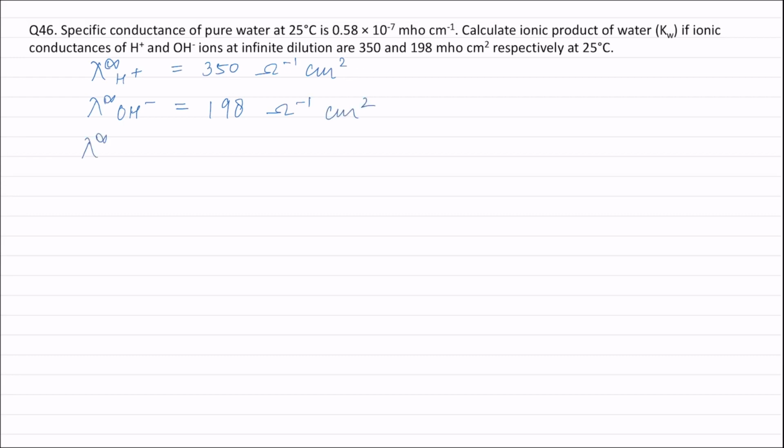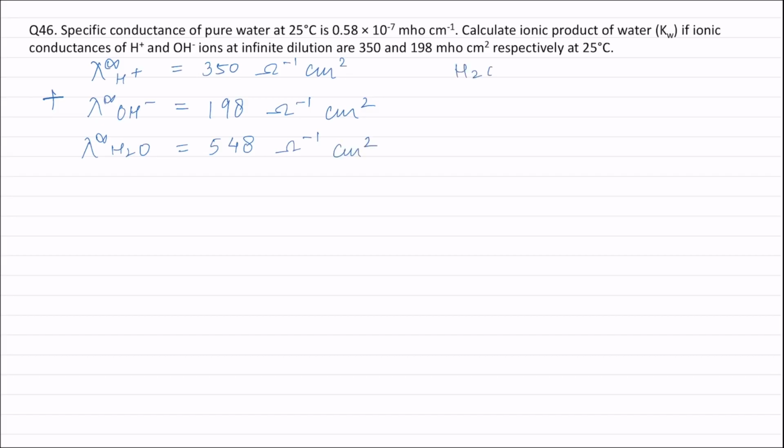Therefore, ionic conductance at infinite dilution for H2O will be ionic conductance of H plus ion plus ionic conductance of OH minus ion at infinite dilution, and this is equal to 548 per ohm centimeter square.